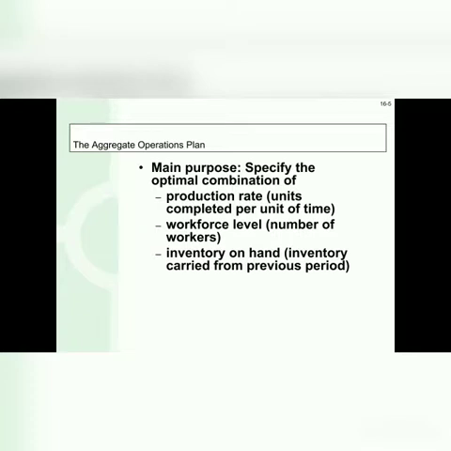For example, if you have certain demand from the market and then we decide how many products should be produced in a week, because we know the duration of production in a week, the total number of products which we have to produce will be divided by the duration, and then we will get the per hour production rate.